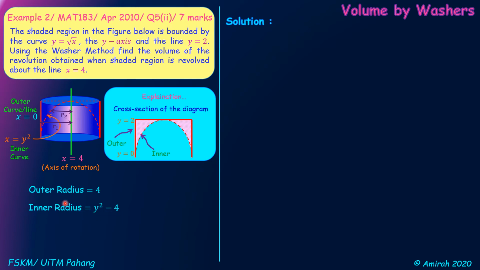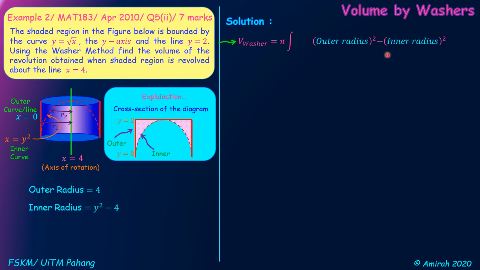After we find the outer radius and the inner radius, we can set up the volume by the washer formula. Volume by washer equals pi integration of outer radius squared minus inner radius squared. We need to separate the squares here.